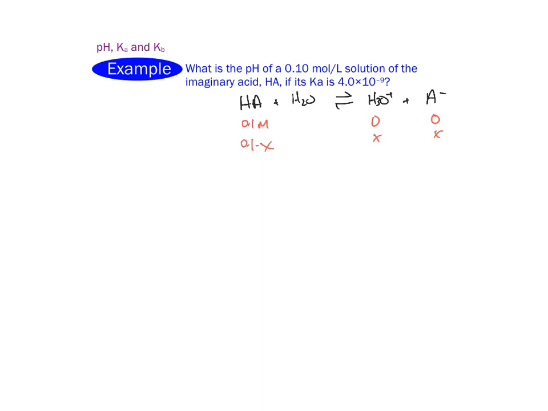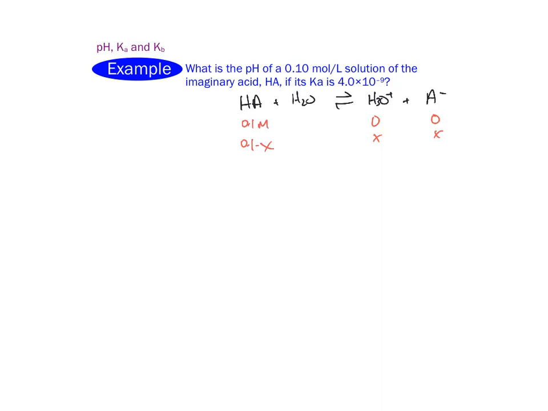So we have to use these algebraic expressions with the given Ka in an effort to find X. Because ultimately, once we find X, we're going to be able to find the pH after we know the concentration of the hydronium ion. Okay? So, let's get to it.